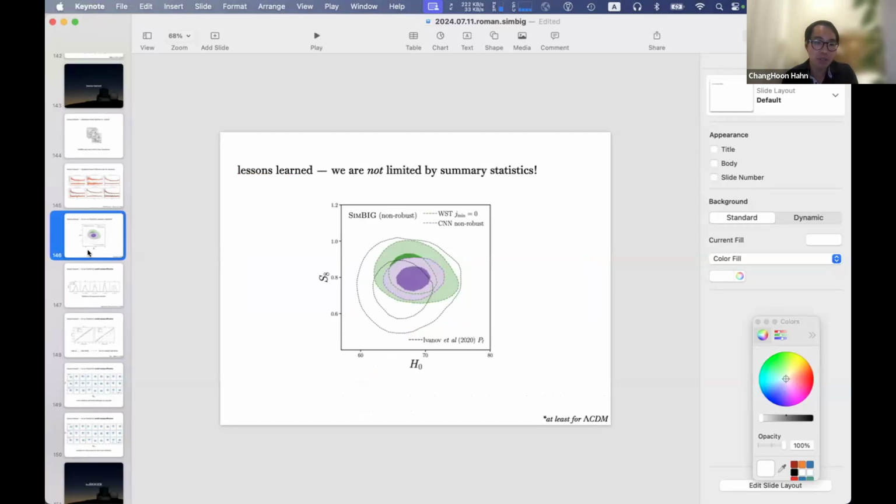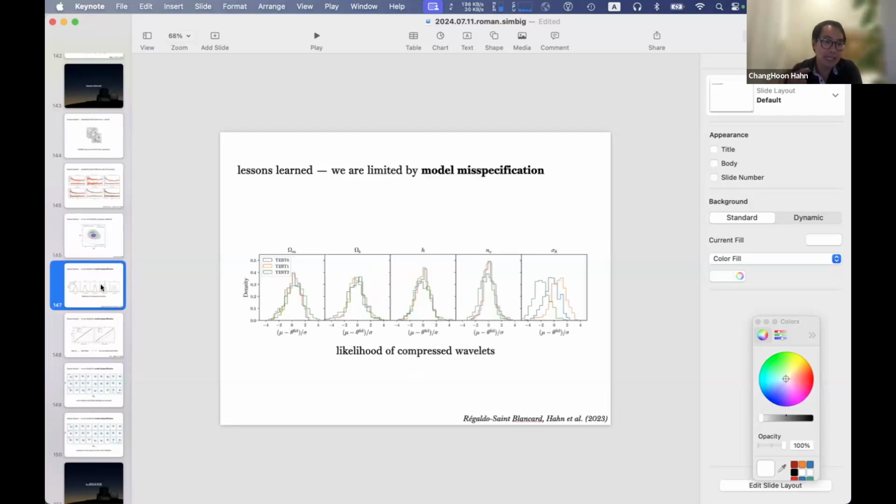So this is showing you the S8 and H0 constraints from the wavelet scattering transform and the convolutional neural network compression of the galaxy field. You can see they're much, much smaller constraints than the results that I showed you. One of the tests that we do, and the test that these two contours didn't pass, is we ran them through different test simulations generated using different forward models.